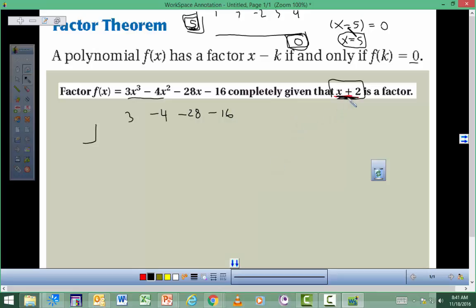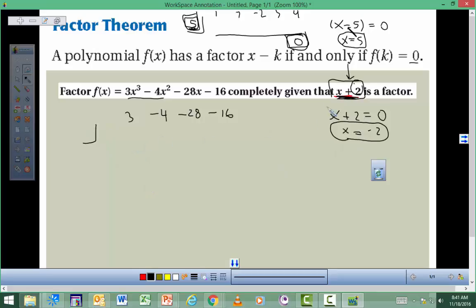And I want you to imagine if you were setting this factor equal to 0, you would set this equal to 0, right? And then you would solve for x, and you get x is equal to negative 2, right? That's the number you use here. Okay, because I can tell you the number one mistake here is that they used the wrong number. They put 2 in here, and they should use negative 2.